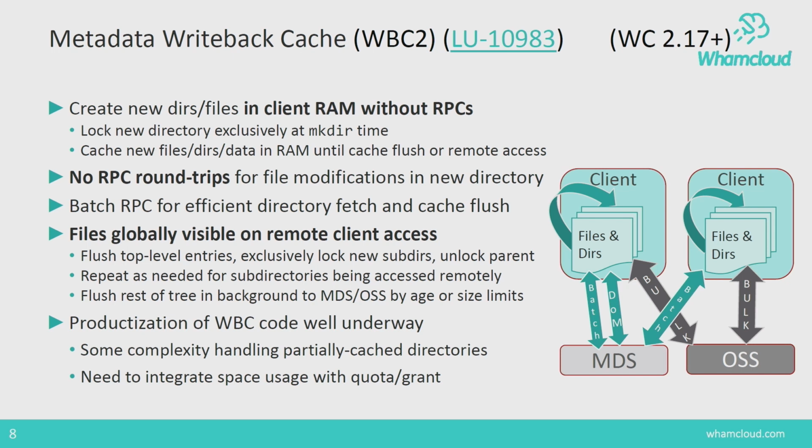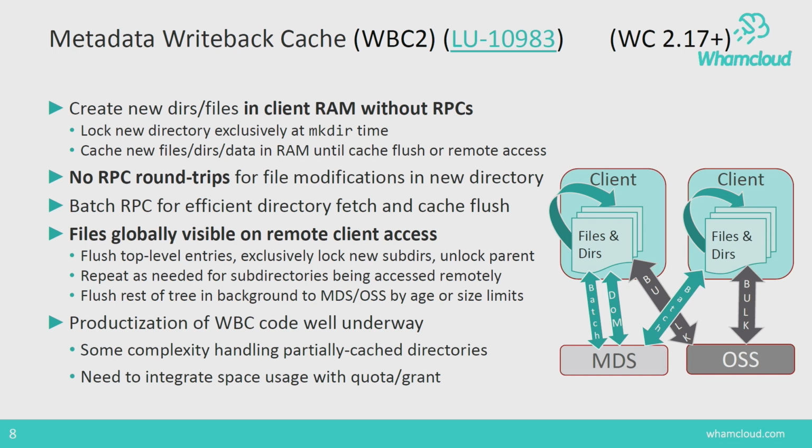And with the write-back cache, the client can create without the round trip to the MDS for every file. And it's in our testing, it's been about 10 times or 20 times faster for certain workloads. And it still remains coherent with regular file access, because we have a lock on the top directory.